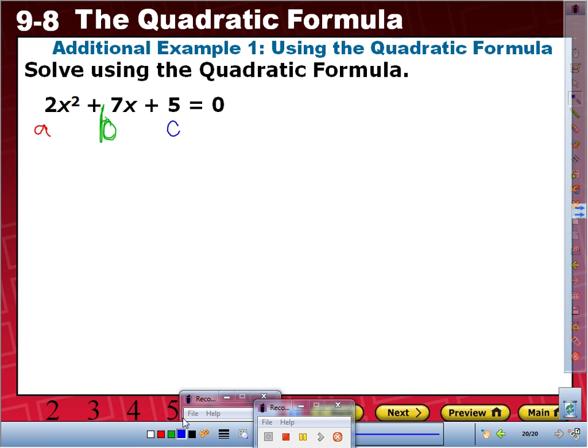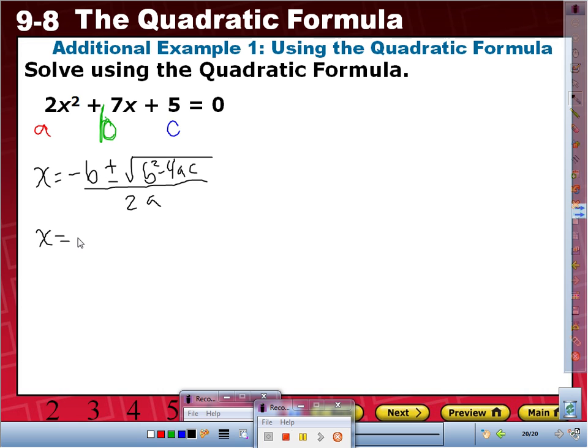Step 3, write your quadratic formula and substitute. So we got x equals minus b plus minus square root of b squared minus 4ac over 2a. So let's substitute.